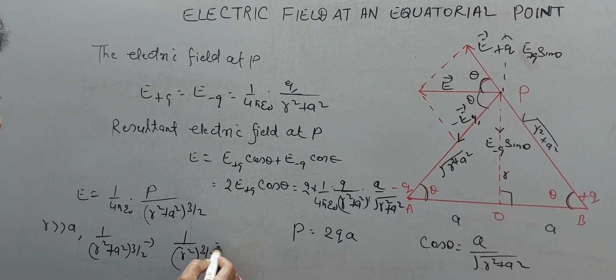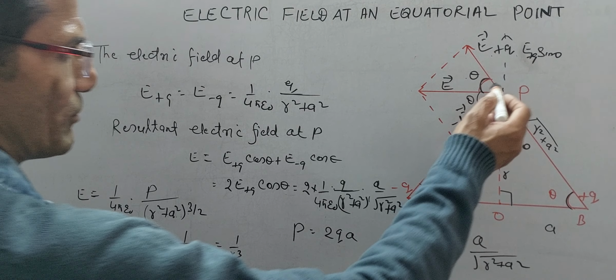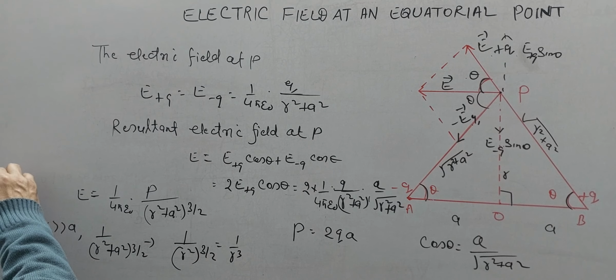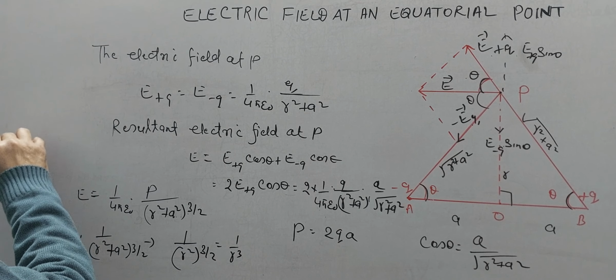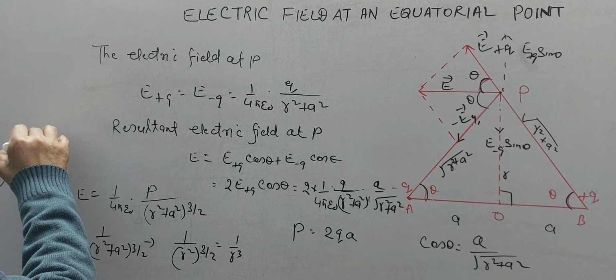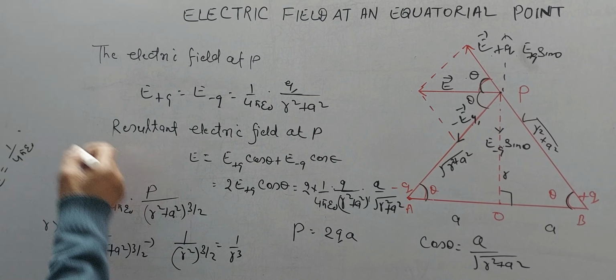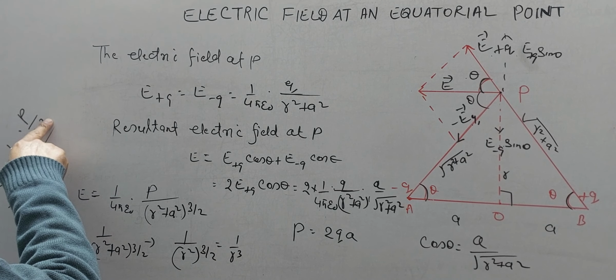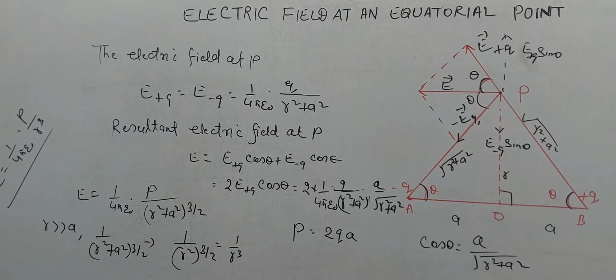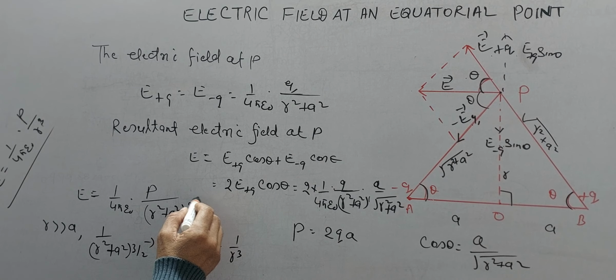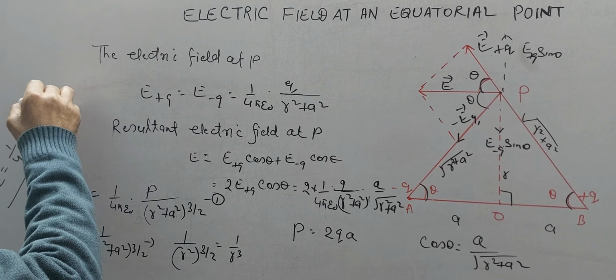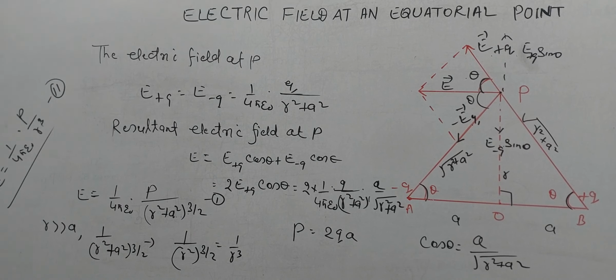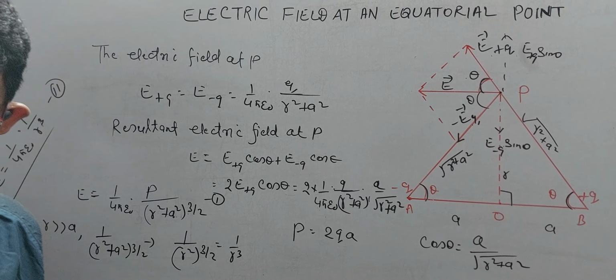The 2 is cancelled out, now it becomes 1 upon r cube. So now the field at the point P in the limiting case is 1 upon 4 pi epsilon naught, p, the dipole moment, divided by r cube. So this is the resultant value, one is the exact value, and this is the limiting value. Equation number 2 will be our limiting value, 1 upon 4 pi epsilon naught p divided by r cube.